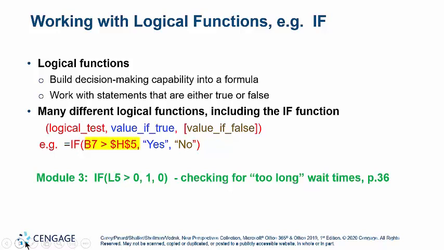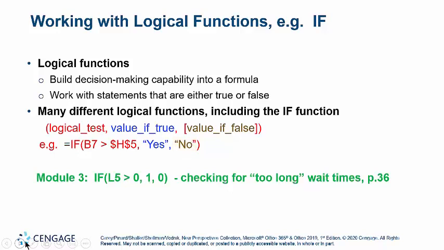In this example, we're checking if cell B7 has a greater stored value than what is stored in cell H5. If it does, we're going to put yes in this cell. But if it doesn't, then the value is false. The result, we're going to put no in this cell.